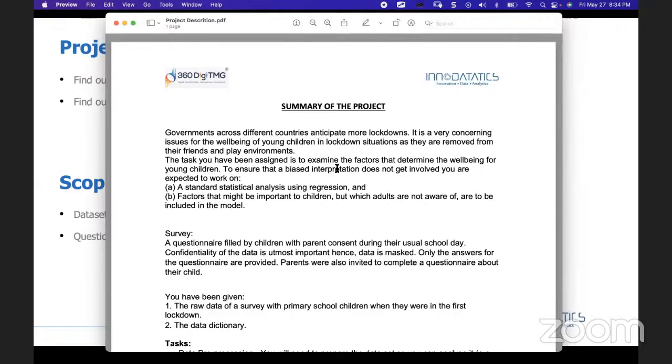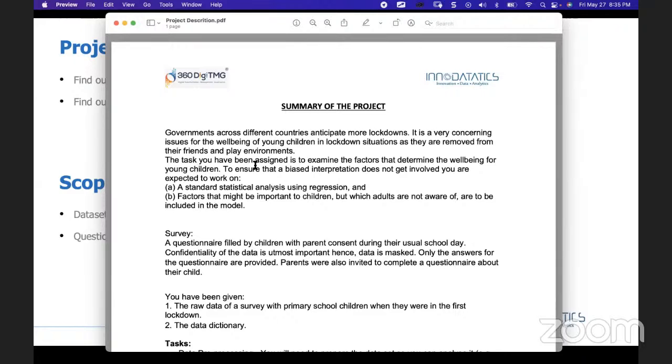A lot of countries were really concerned about this, because these are the people who will grow and start leading the organizations, and they'll become future leaders. They have to drive the country. They have to drive the nation. If the younger generation's well-being is not taken care of, then the future would be in jeopardy.